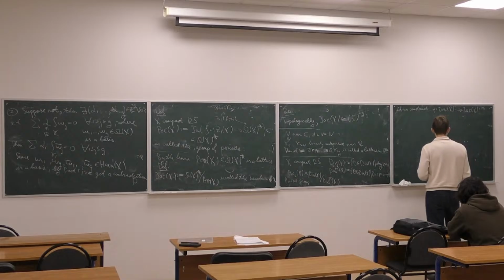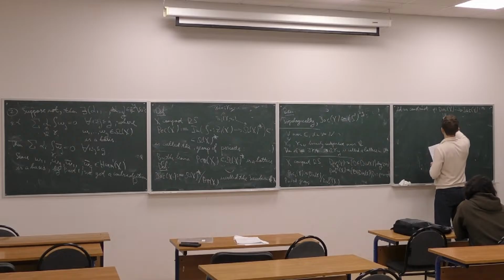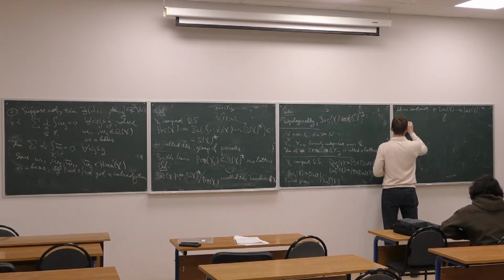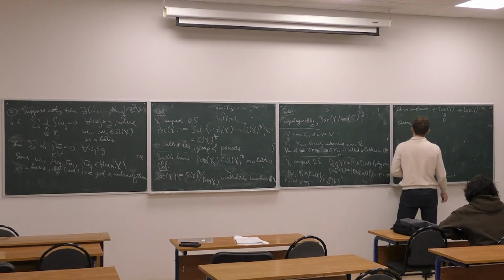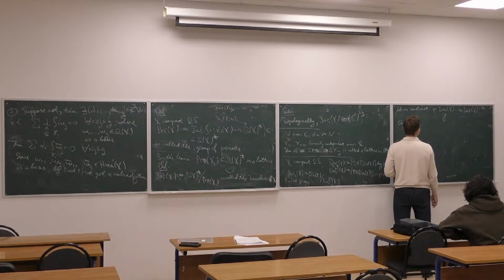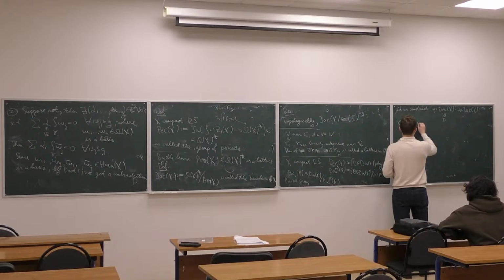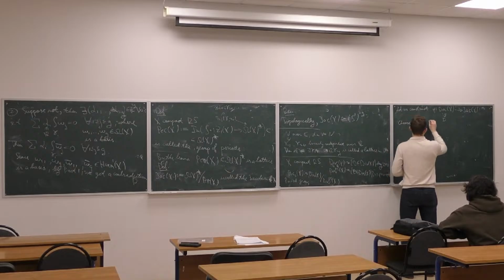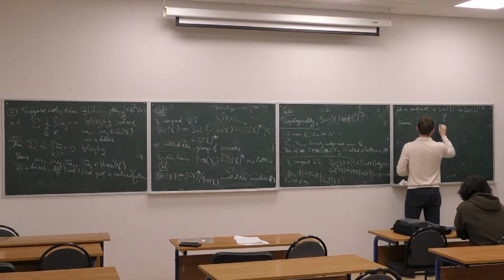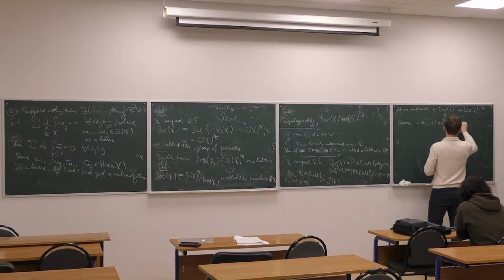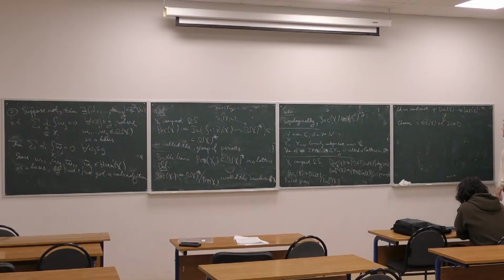How do we do it? Take some divisor D, and choose some closed chain C such that the boundary of C is equal to D. We can always do it.